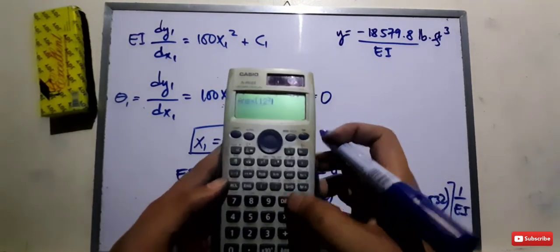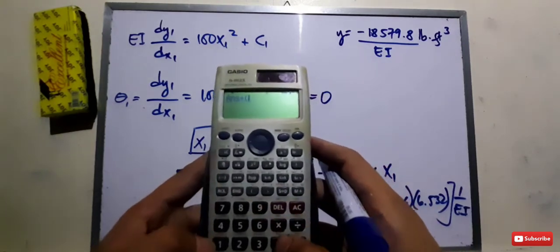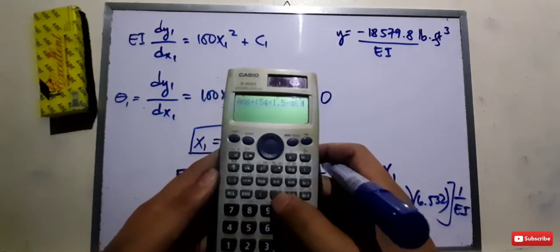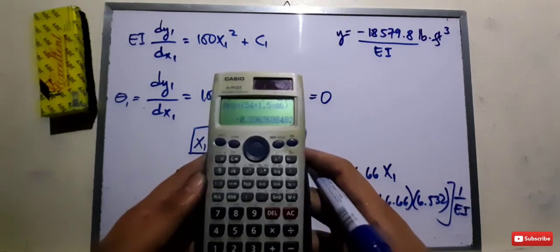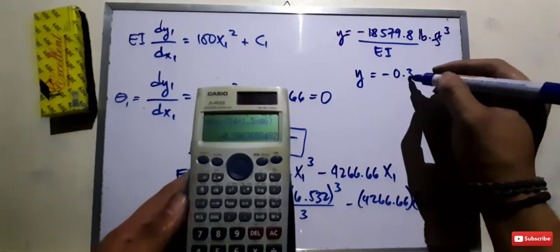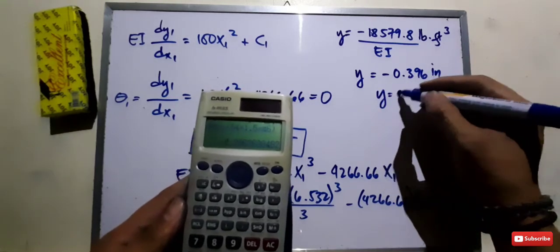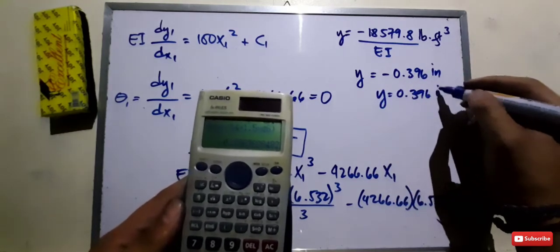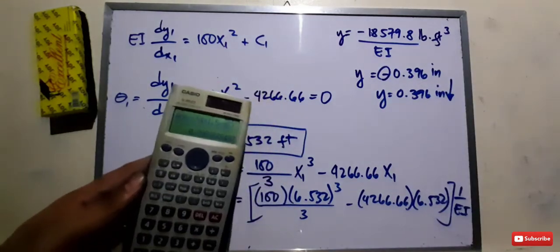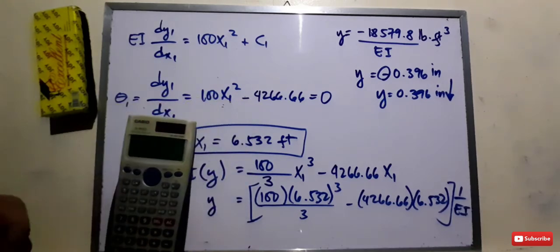Tingin ko divided by yung 54 na I, tapos yung 1.5 times 10 to the 6 na kasi pounds natin equals 0.3. So y equals negative 0.396 inches. Therefore, ang deflection natin ay inches downward kasi mayroon tayong negative na symbol. So yun yung maximum natin na deflection sa ating given na simple beam.